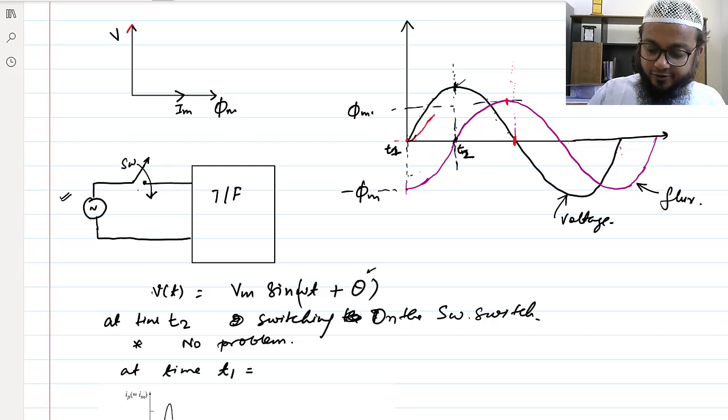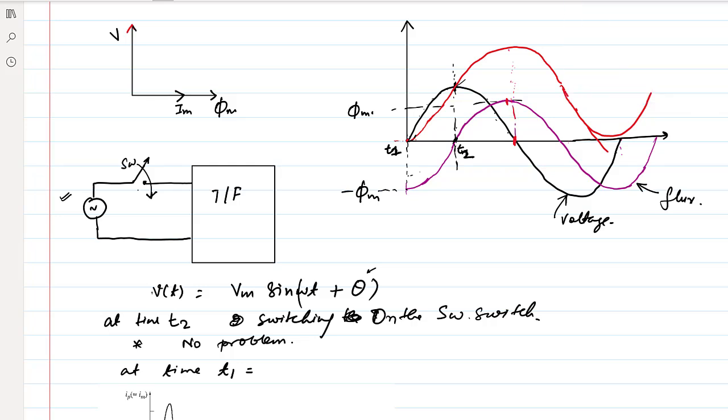So if I draw it, it would be somewhat like this, and initially for a few cycles it would be in this direction only. Here you'll see the maximum flux has gone to twice phi m.